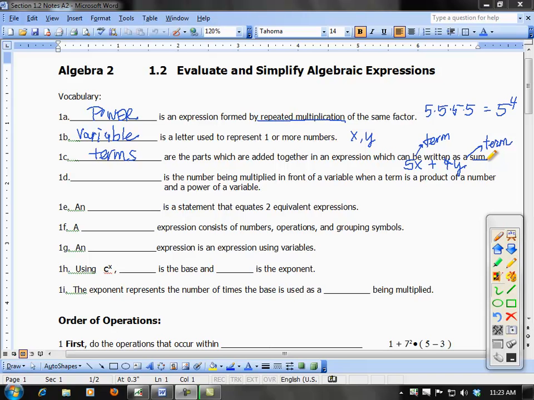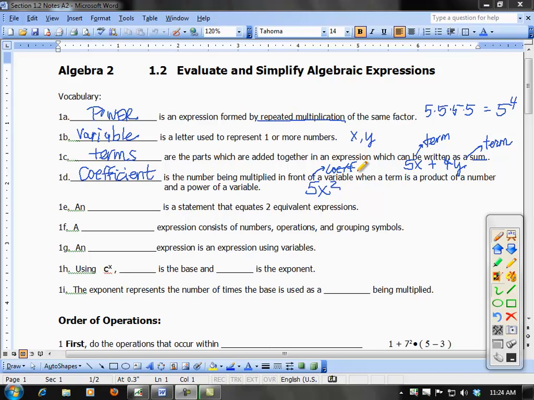A sum means added together. A coefficient is the number that gets multiplied in front of a variable. Okay, so if I give you something, like 5x squared, 5 is our coefficient. So it's the number in front.